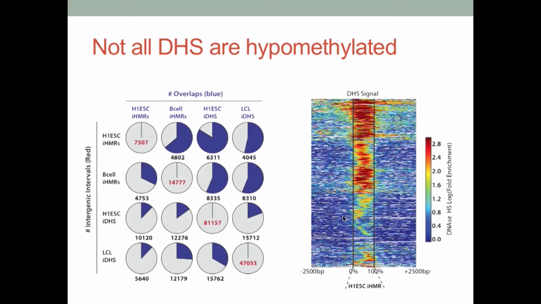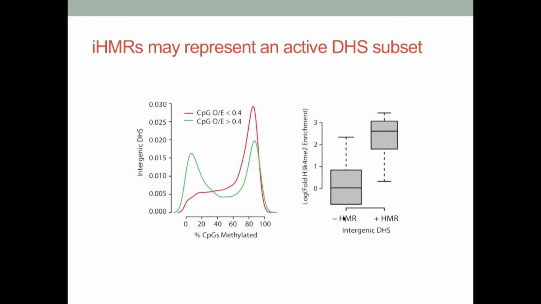And part of the reason for this has to do with the CpG density. So there's two categories of DHS sites. One where you see they're mostly methylated, and this is largely a group of DHS sites that have very low CpG density. And then the other fraction of DHS sites seems to be bimodal, and that's the green line.